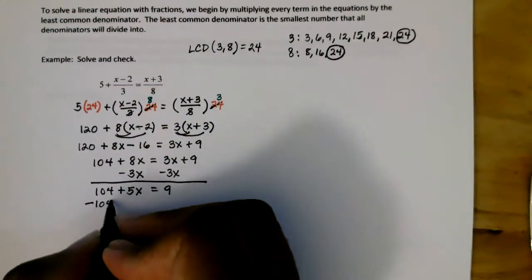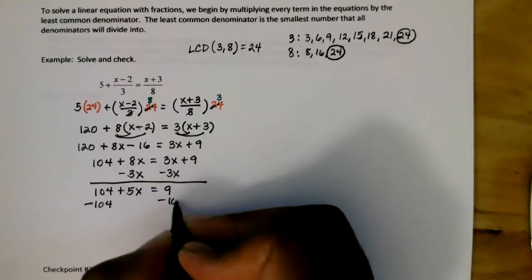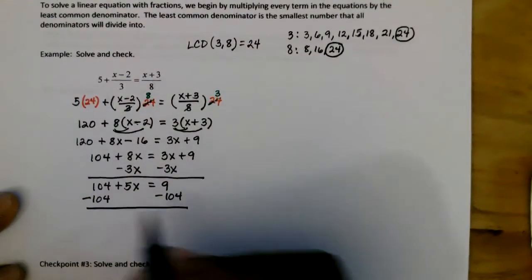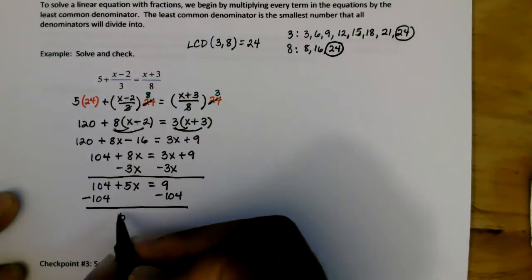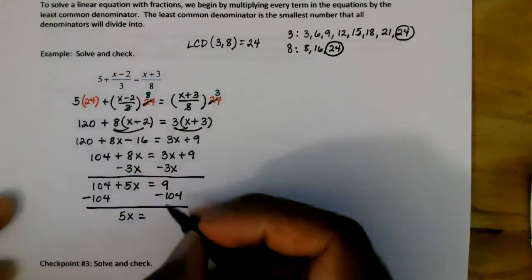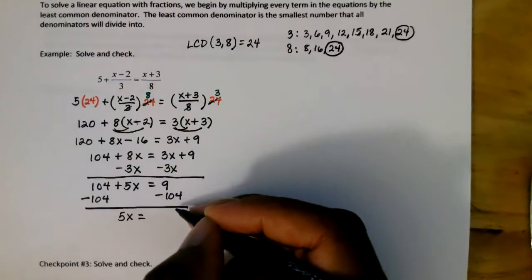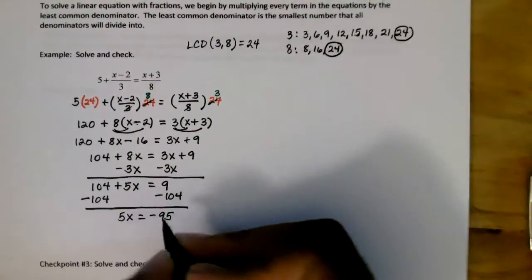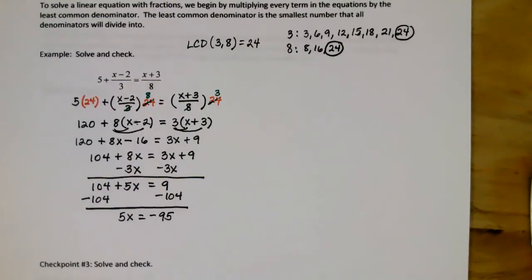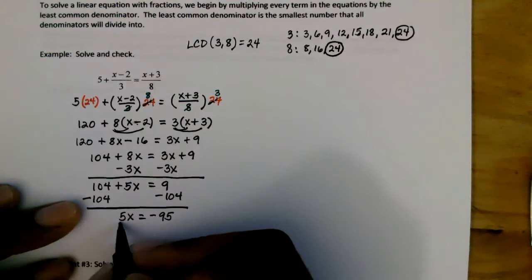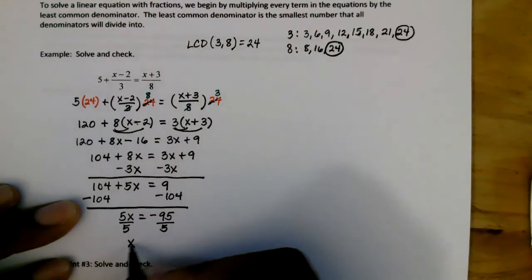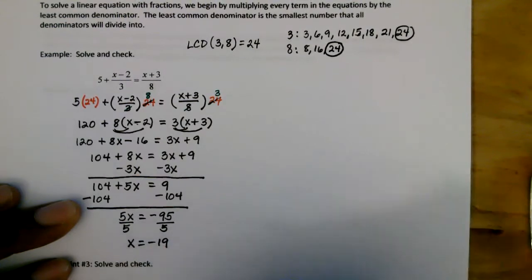So I need to subtract 104 on both sides of this equation. So that means I'm going to have 5x is equal to 9 minus 104, which is negative 95. So I got 5x equals negative 95. And then divide both sides by 5 to get x by itself. So x is equal to negative 19.